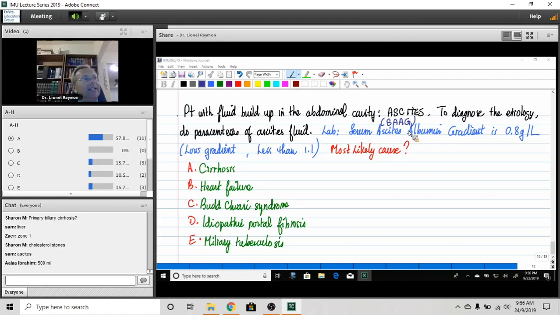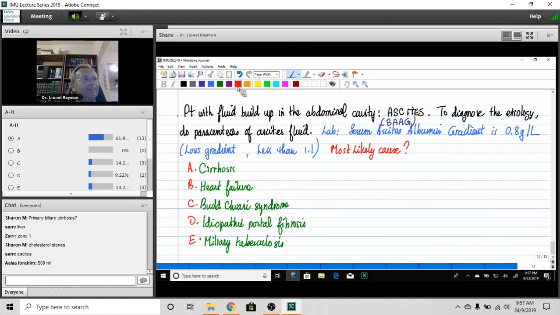So look, here we go with a bunch of us in that poll, and many of us went to cirrhosis. Now, I was asking you while you were thinking, which was bad of me, where do you normally find albumin? Is it in capillaries, in the blood, or is it in the ascitic fluid?